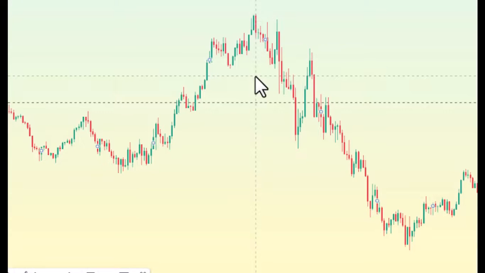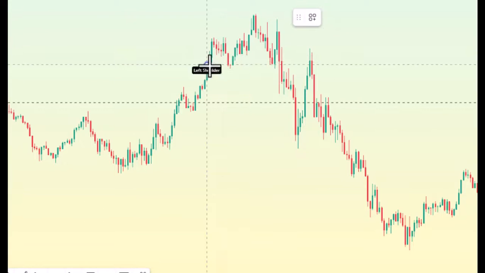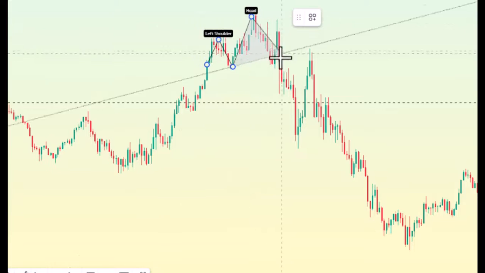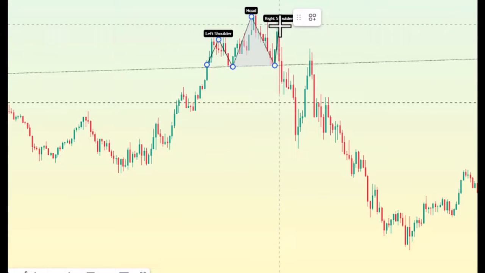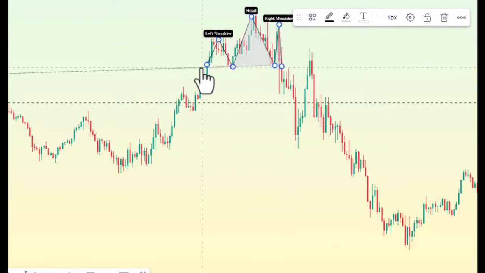Okay, we have a gold chart here, and I want to show you this pattern on the 5 minutes time frame. Here we have left shoulder, right shoulder. Okay, then price comes and breaks the neckline, and we can put our position here.